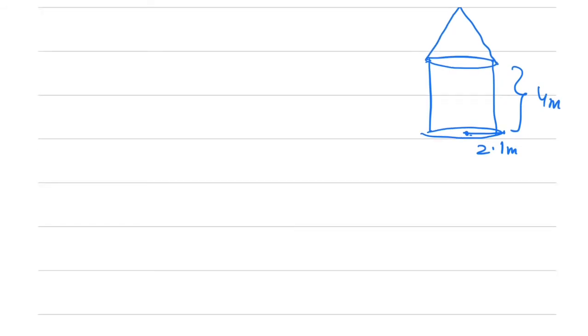The diameter is the same and height of this conical part is 2.8 meter. Canvas used is 100 per square meter. So now we have to find the total surface area.